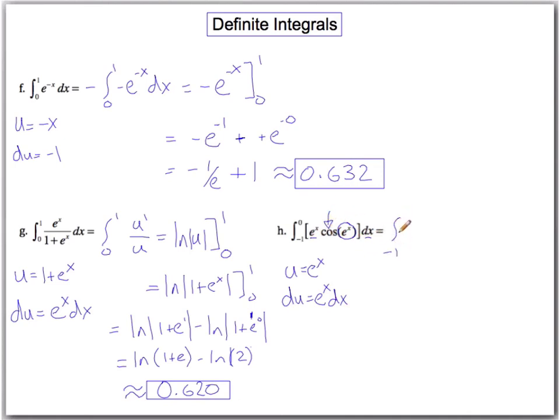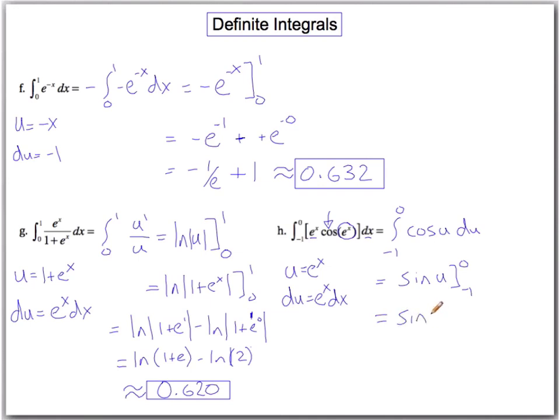So the function that we're really focusing on here is the cosine function. So this is going to be negative 1 to 0 of cosine u du. And the integral of cosine is sine. So we really have sine u from negative 1 to 0. And then we'll back substitute for u.